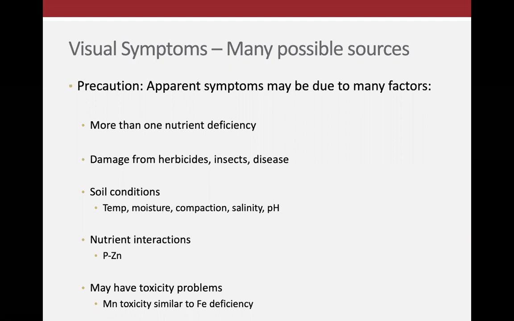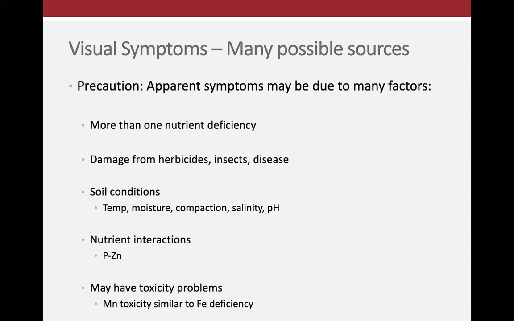Soil conditions, again, these would be more abiotic. So things like the temperature and the moisture content of the soil. If that soil is really compacted, or even if it's not compacted, if it was planted wet and say we have some sidewall compaction, so the roots haven't fully developed or haven't had a chance to branch laterally out of the rows, that's an example.